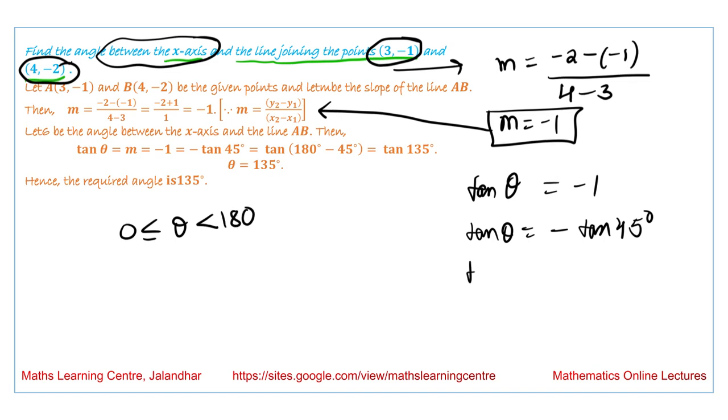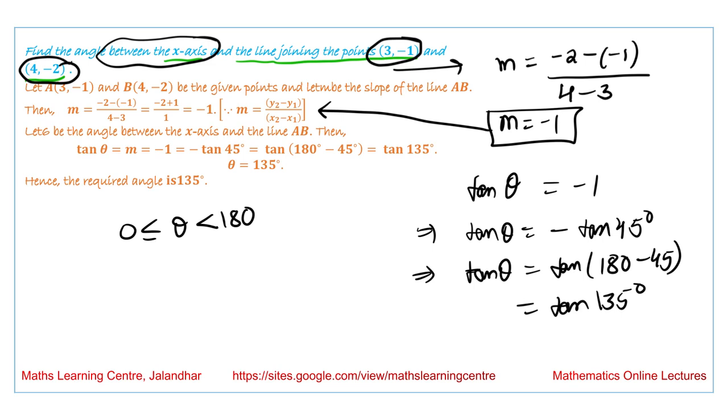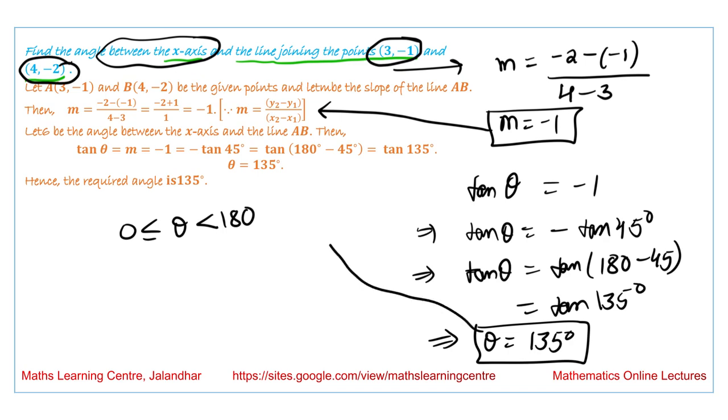So this implies that tan theta is equal to tan of (180 minus 45), that is equal to tan of 135 degrees. So this implies that theta is equal to 135 degrees.